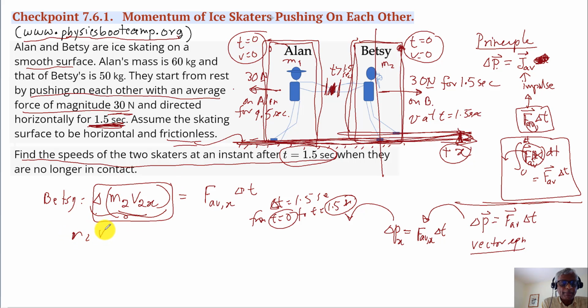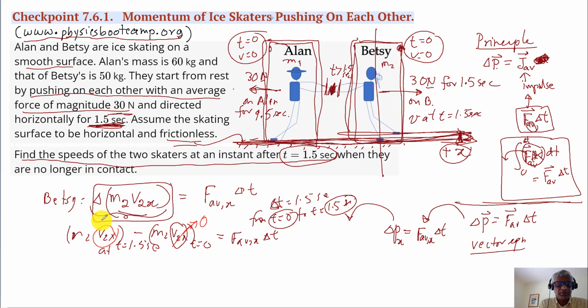So m2 v2x at time t equals 1.5 seconds, minus the same quantity v2x at time t equal to 0, equals F average x delta t. And when we work this out, v2x is 0 at t equal to 0, so that goes to 0, and this is what we want, and m2 is given.